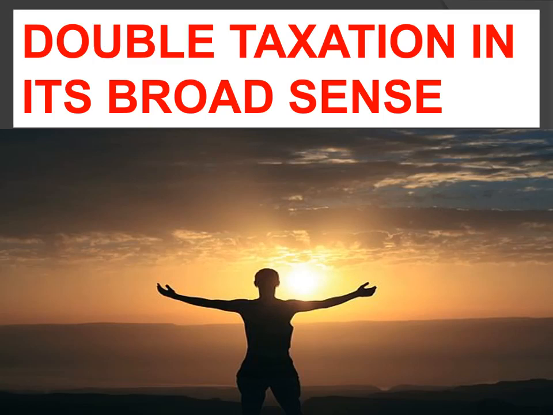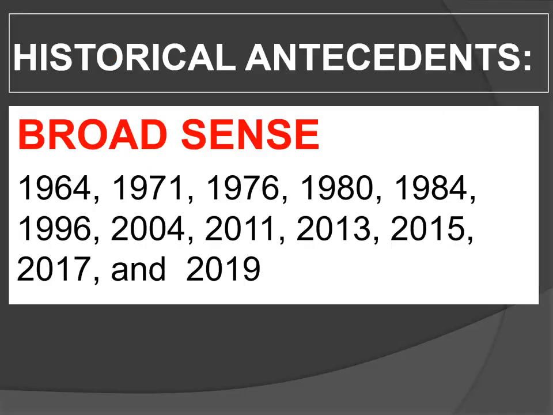What about double taxation in its broad sense? So we finished already with double taxation in its strict sense. Double taxation in its broad sense is nothing more than indirect duplicate taxation. Notice that this area is more popular.